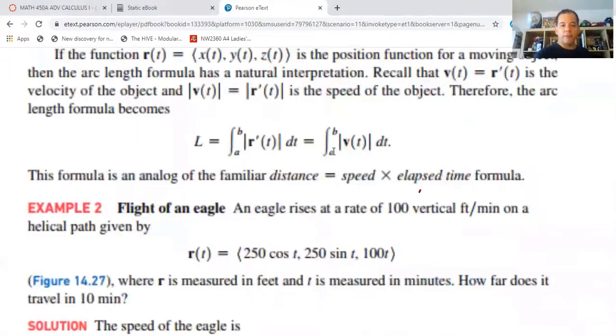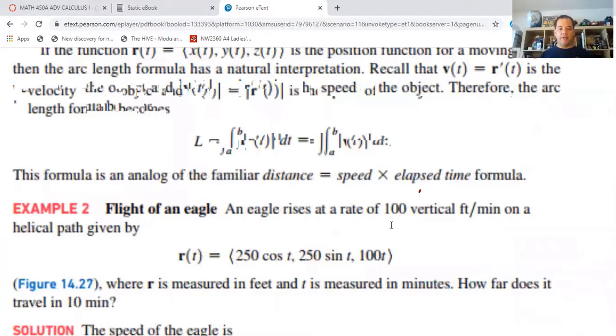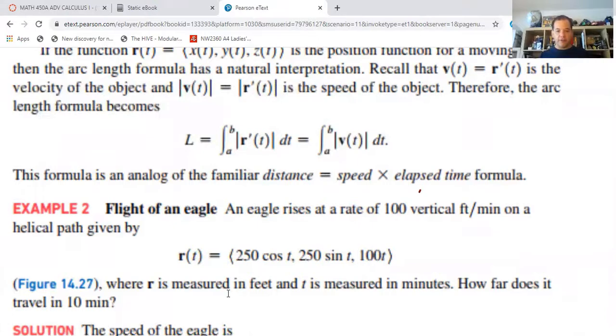So here's the problem. It says, an eagle rises at a rate of 100 feet per minute on a helical path given by, and this is the r of t, 250 cosine t, 250 sine t, 100 times t, where r is measured in feet and t is measured in minutes. How far does it travel in 10 minutes? That's what we need to find out.